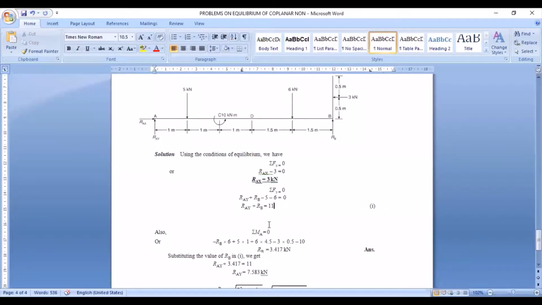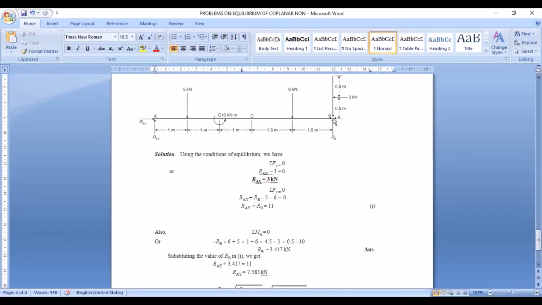Now next we shall apply another equation of equilibrium, that is sigma Fy. Before applying the equation, first you are supposed to count the number of vertical forces. So how many vertical forces are there? 1, 2, 3 and 4. So there are 4 vertical forces. The first one, Ray, moving upwards, positive, so plus Ray.